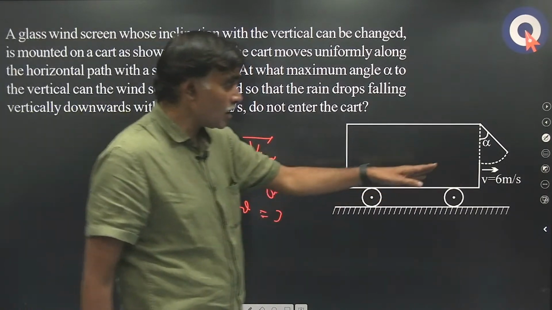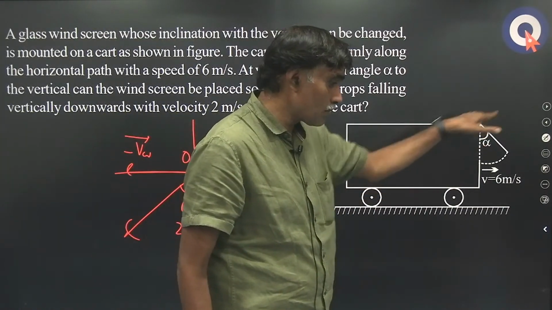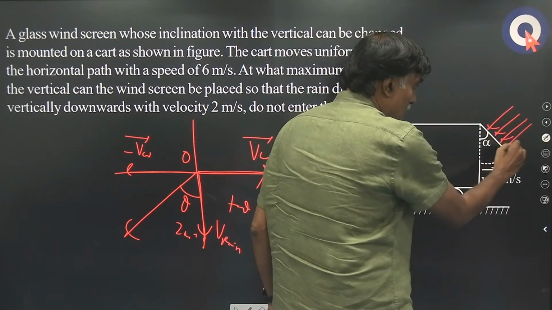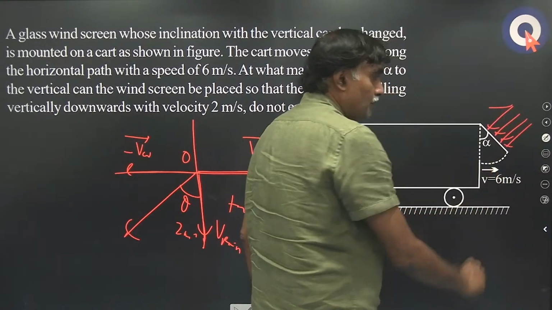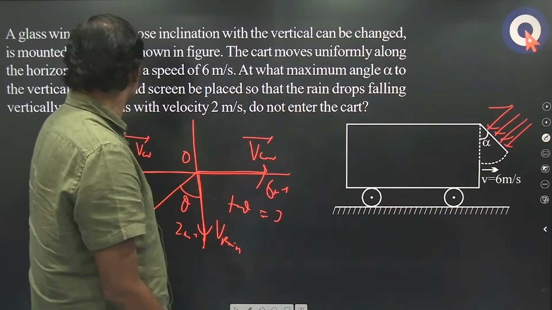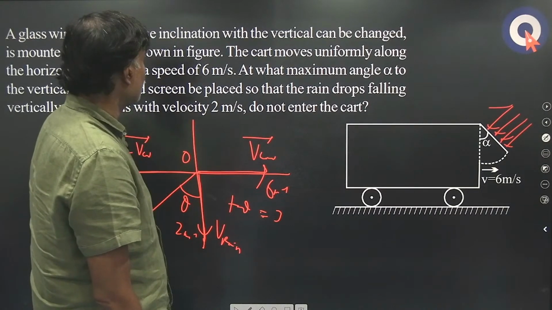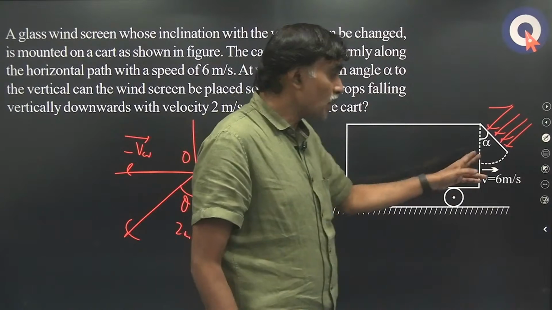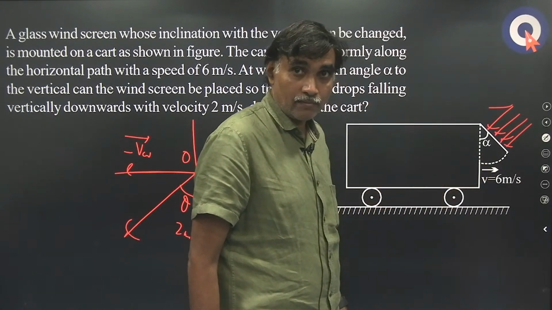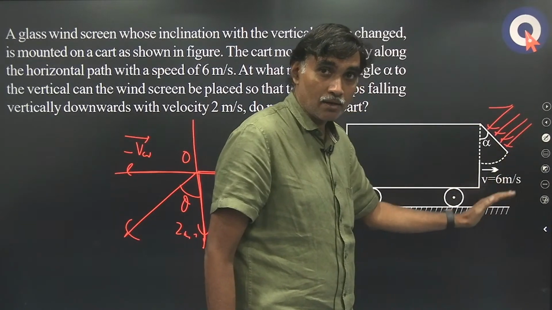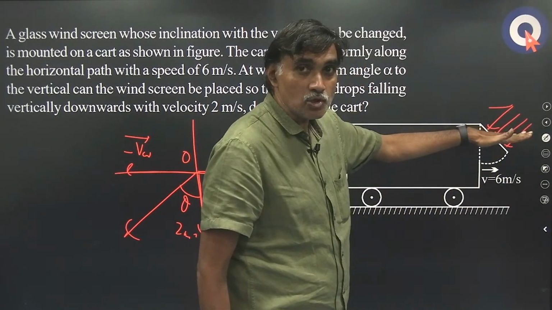Now if those raindrops collide with this windshield normally, then they do not enter the car. Okay. If this angle with vertical decreases, they will enter the car. If this angle with vertical increases also, they do not enter.